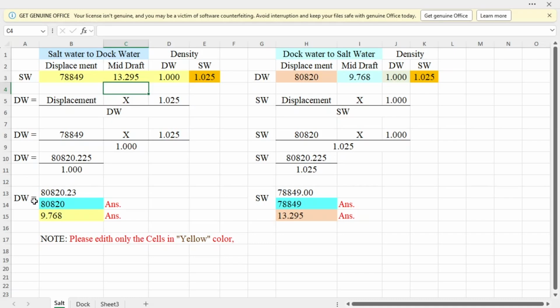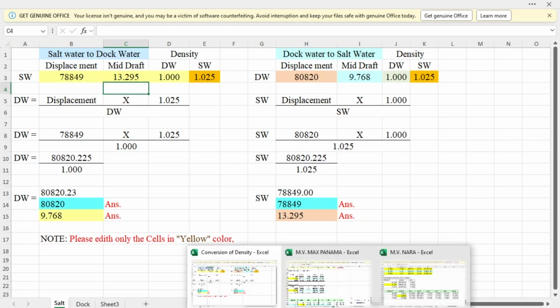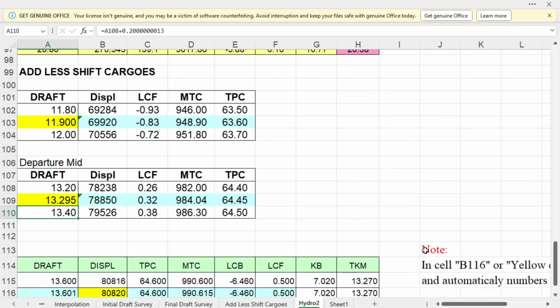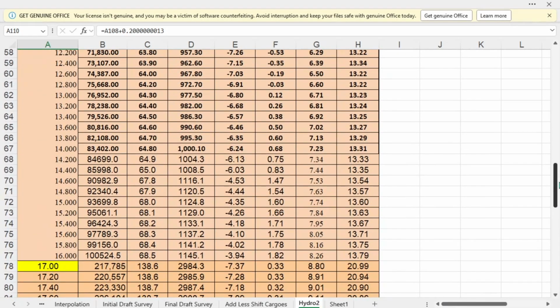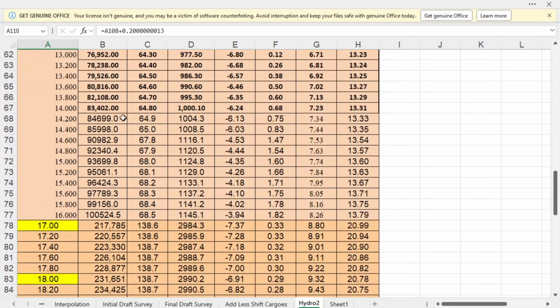What will be the corresponding draft? So let's check the hydrostatic table for 80820. It is between 1340 and 1360.